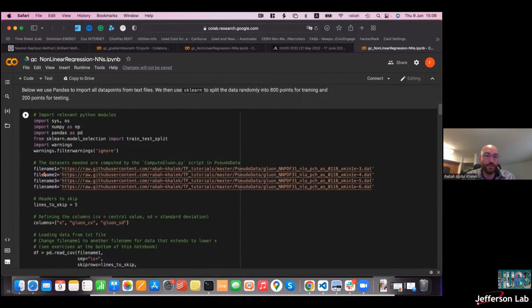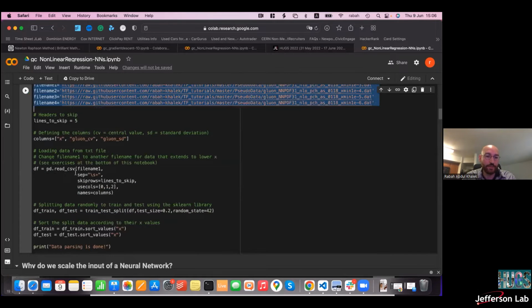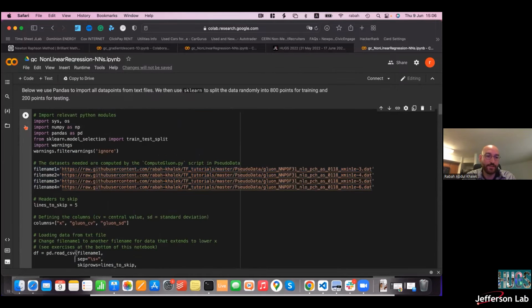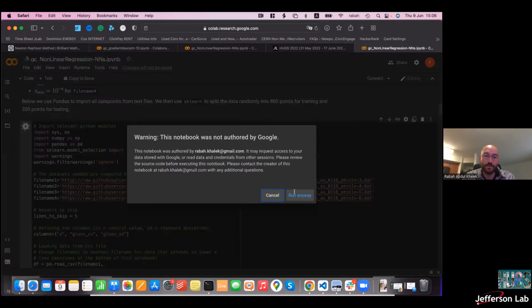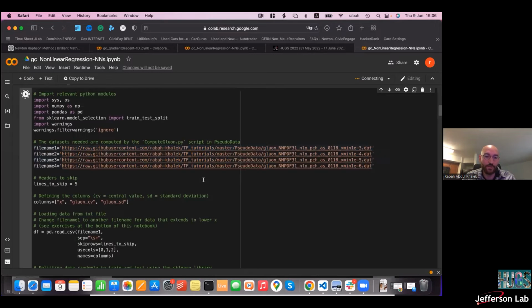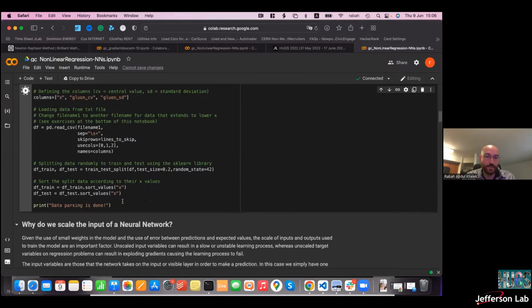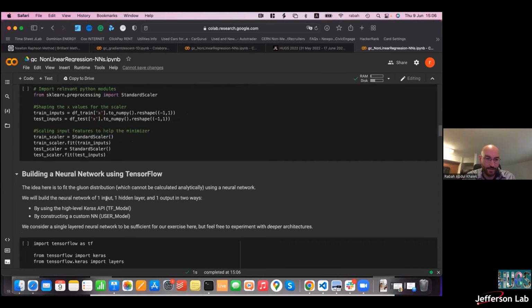These are loaded into this file, okay? You don't need to change anything. And I'm just parsing this data in this first cell. And it would tell me the parsing is done. All right, now I have the data.